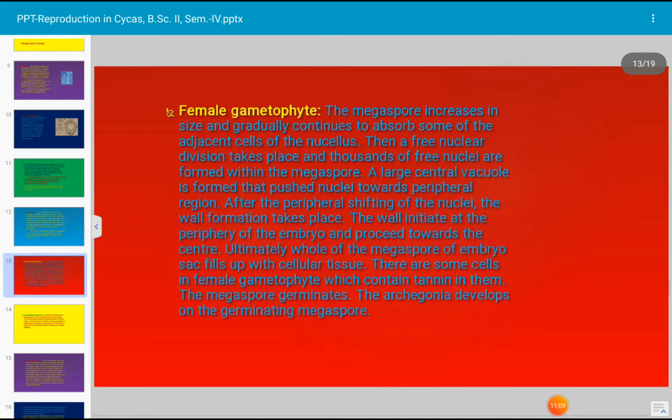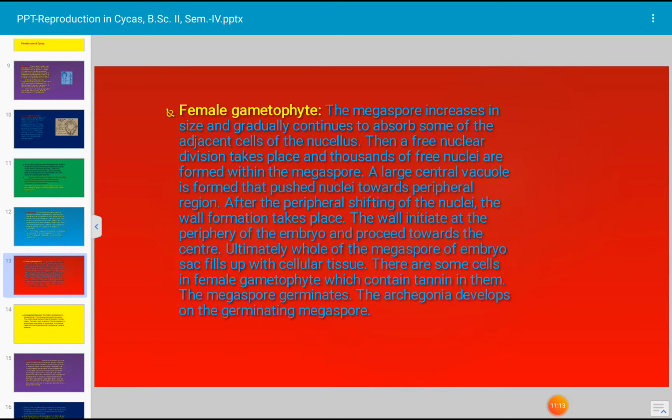Next slide. Let us see the details of female gametophyte of Cycas. The megaspore increases in size and gradually continues to absorb some of the adjacent cells of nucellus. Then a free nuclear division takes place and thousands of free nuclei are formed within the megaspore.